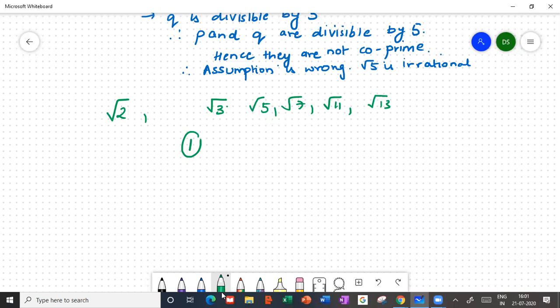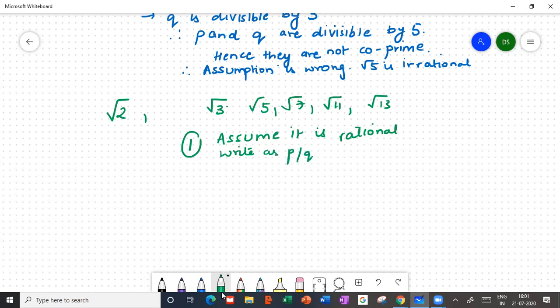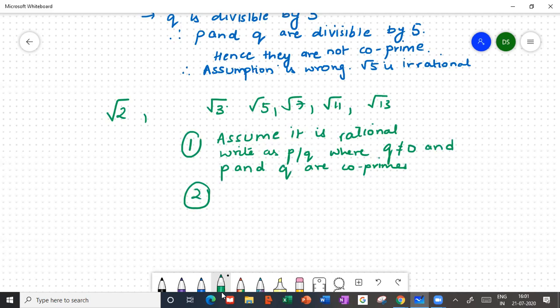Assume it is rational, write it as P by Q, where Q is not equal to 0 and P and Q are coprimes. The second step is to prove P and Q are not coprimes.